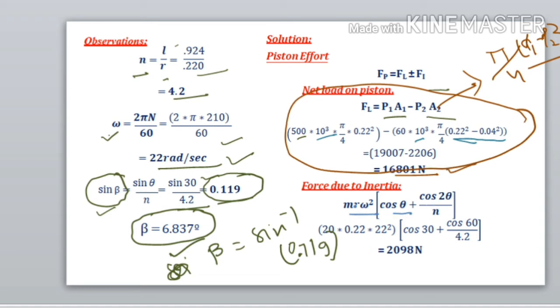M is 20 kg. R we can find from the observation 0.22 and omega is 22. So we will put here cos 30° plus cos 2 theta, cos 60 degree divided by 4.2. So finally we will get 2092 Newton here.